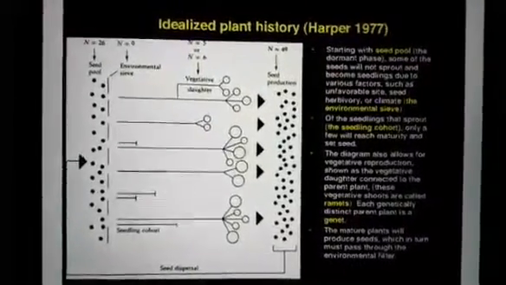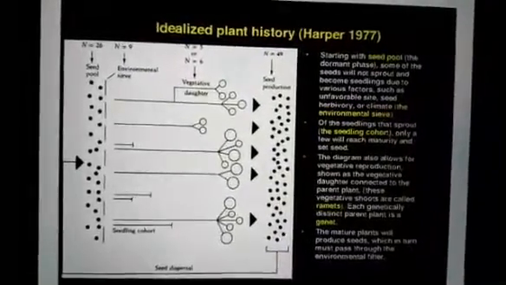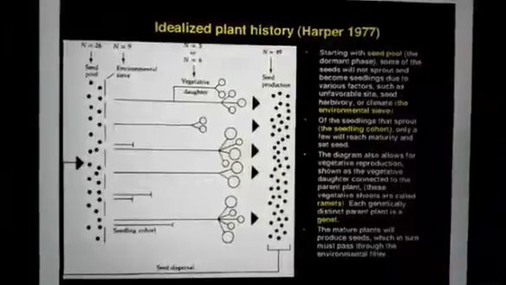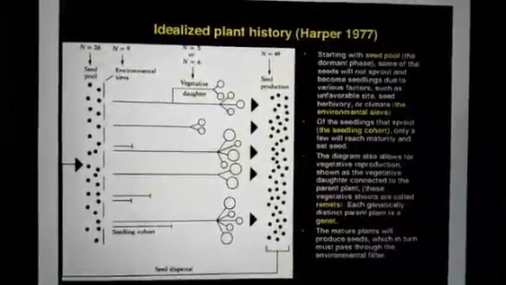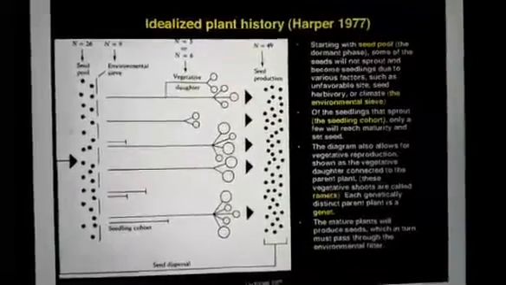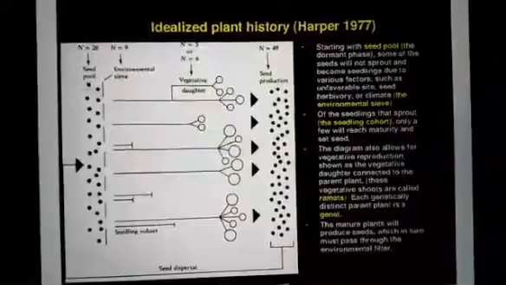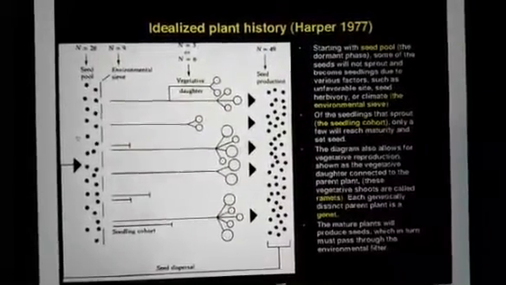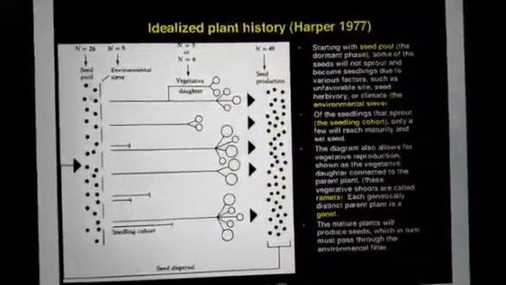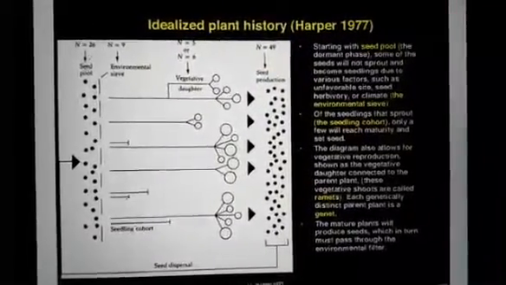And we have the idealized plant life history. When you are asked to talk about plant demography, this is what you need to give us. As you can see there, we're starting off with a seed pool containing some seeds, for example, 26 seeds in the seed pool.